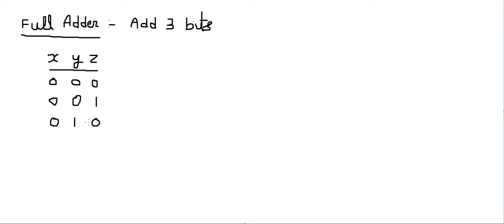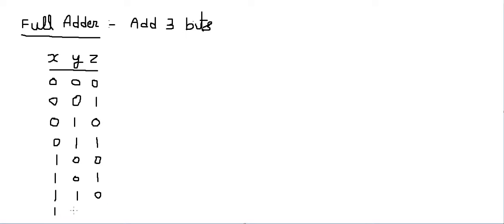And then for 3 we have 0 1 1, and 1 0 0. Then we have 1 0 1, then we have 1 1 0, which is 6 in decimal, and then we have 1 1 1.